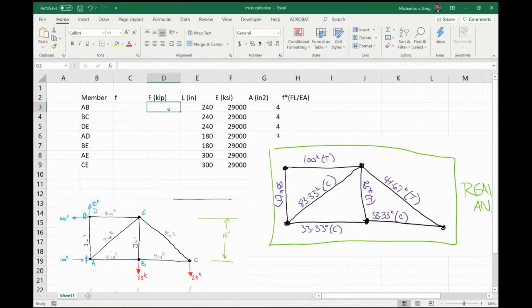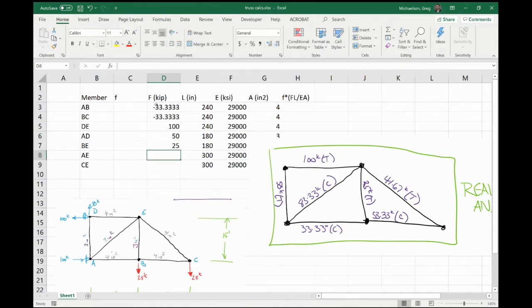Okay, so member AB, that was 33 1/3, and that's in compression. Same thing with this member. DE was 100 in tension. That's positive. The two vertical members, AD, that's 50 and 25.